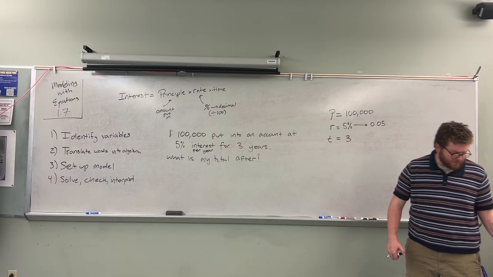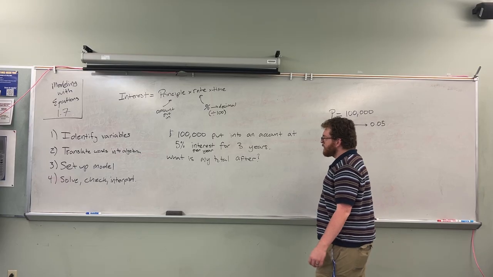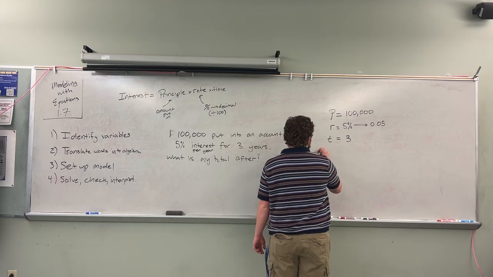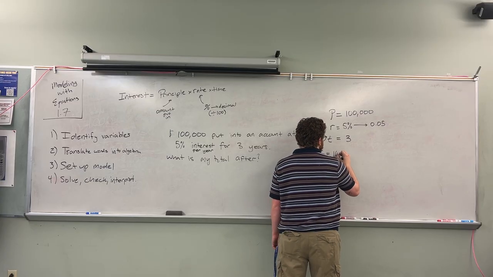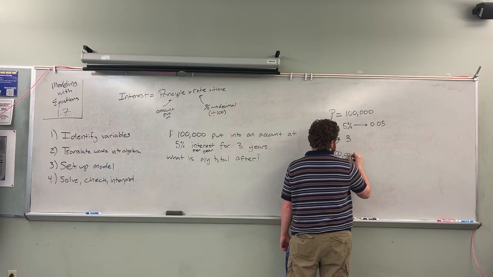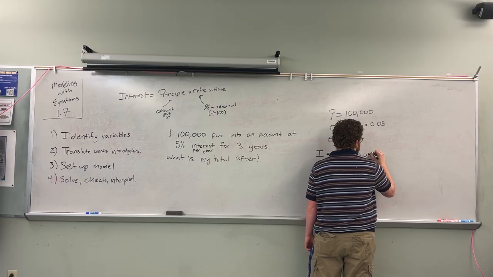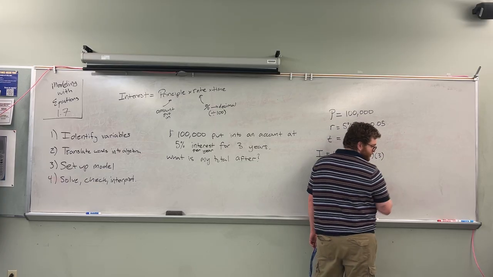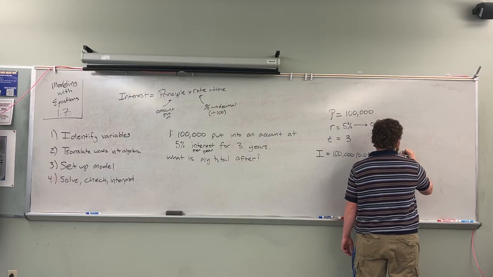You might get to an exponential system. All right. So what is my total after? Well, the interest, the amount I gain, is 100,000 times 0.05 times 3, which comes out to $15,000.